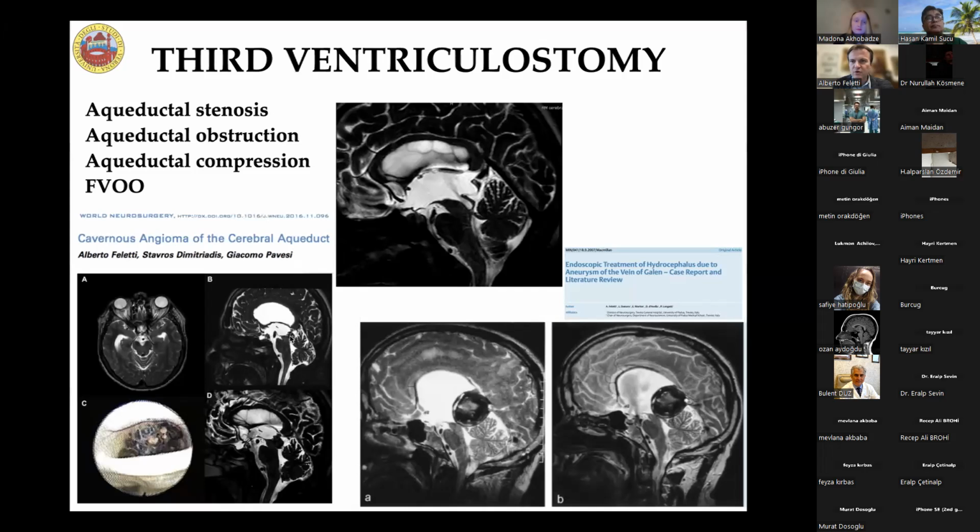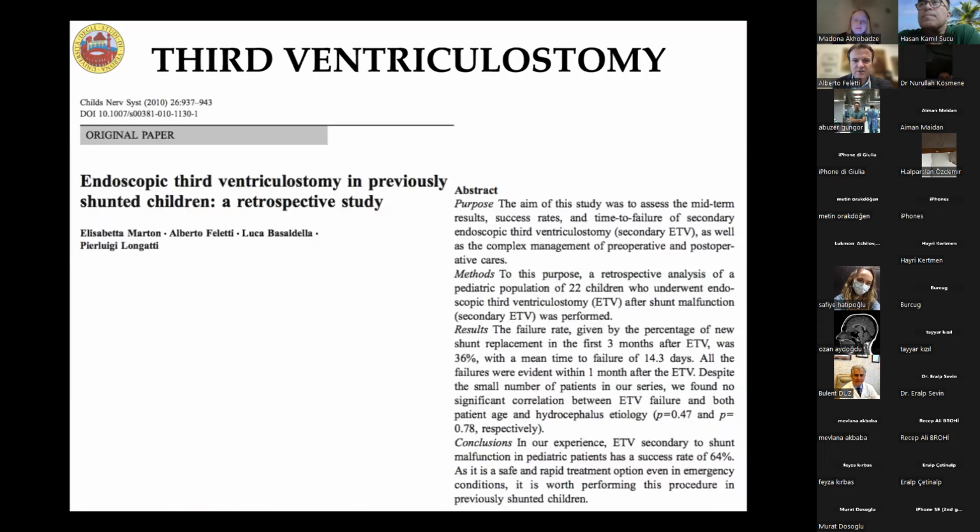There was no need to go to the cavernoma, because the patient had symptoms related to hydrocephalus only, and we did a third ventriculostomy; the patient was fine. This is also another interesting case we published, of an adult man with a huge aneurysm of the vein of Galen that gave him obstructive triventricular hydrocephalus. Also in this case, third ventriculostomy can solve the patient's problem.